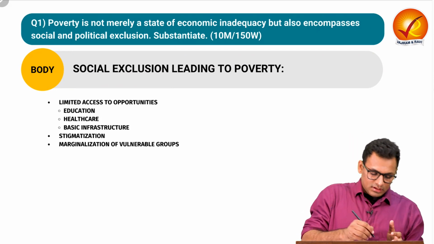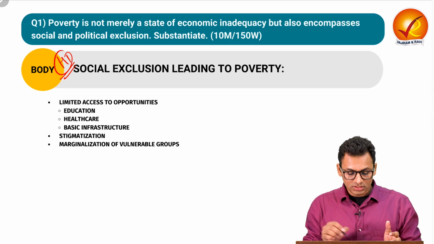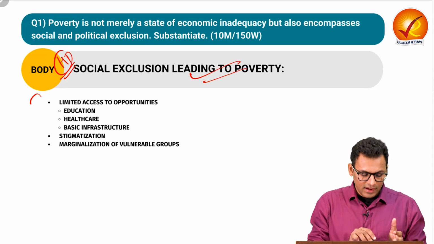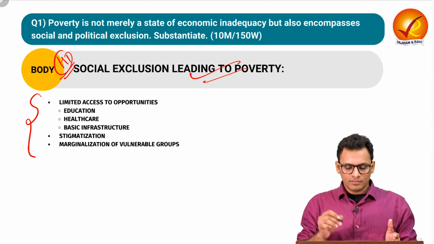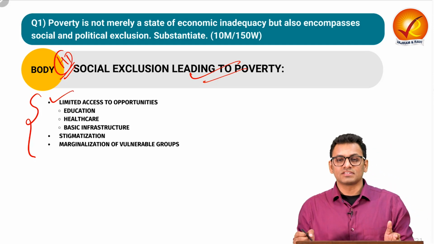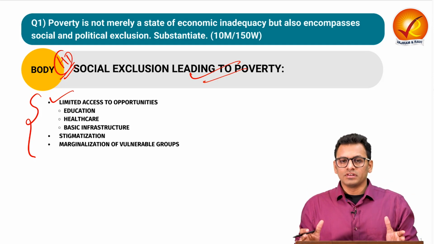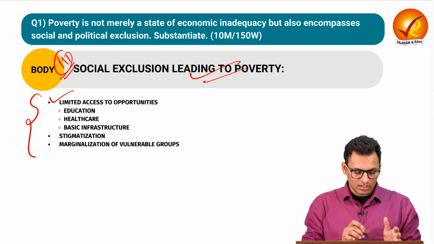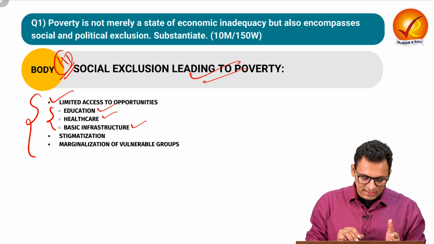In the body, in heading 1, we will start with social exclusion leading to poverty. Over here you can list various proof points to show how social exclusion is impacting the poverty scenario in the country. Firstly, you can talk about limited access to opportunities. There are various opportunities, but because of social exclusion there is an element of discrimination. You can list different pillars such as education, healthcare and basic infrastructure.